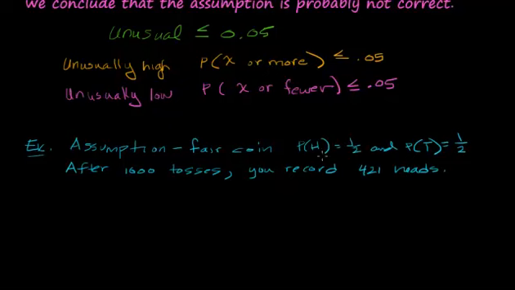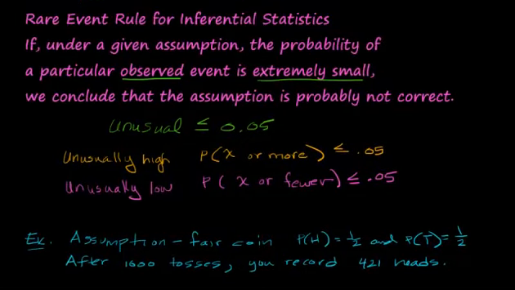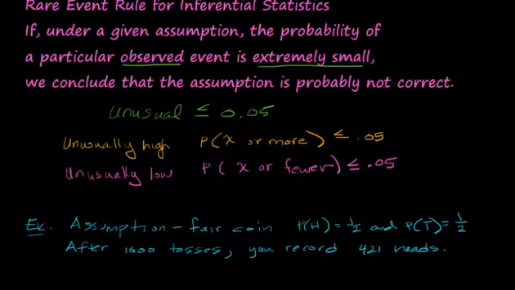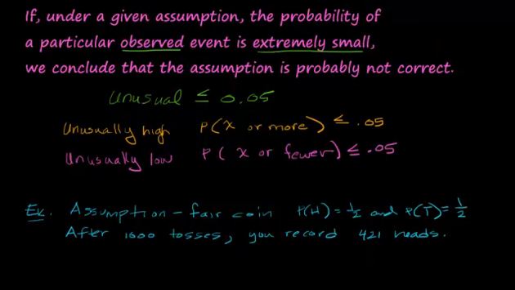Okay, here's your assumption, fair coin, probability of heads 1/2. Here's your observed event. You recorded 421 out of 1,000. So here we are back to our rare event rule. Under a given assumption that the coin is fair and the probability of heads is 1/2, the probability of a particular observed event. Here's our observed event.